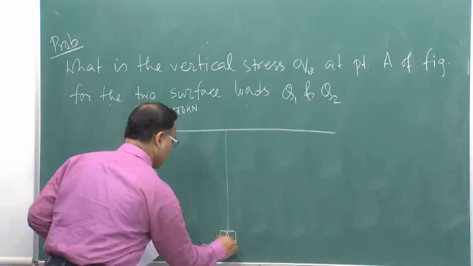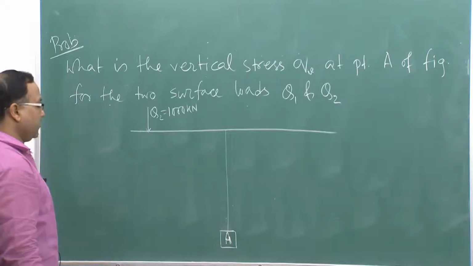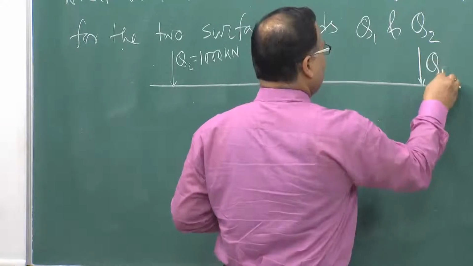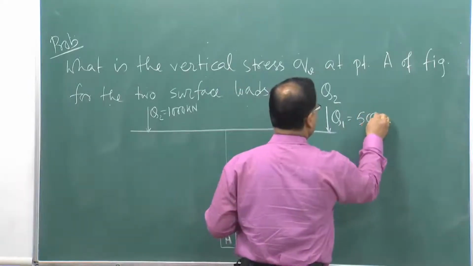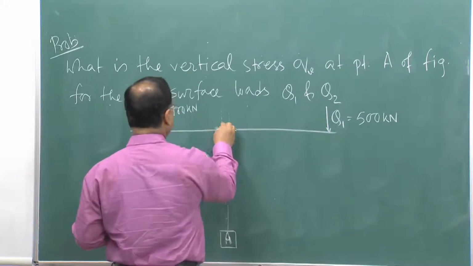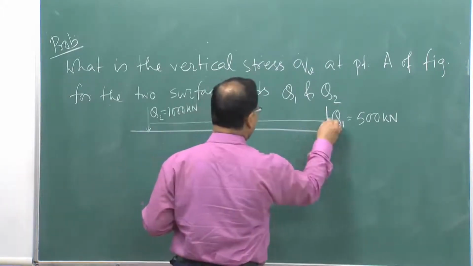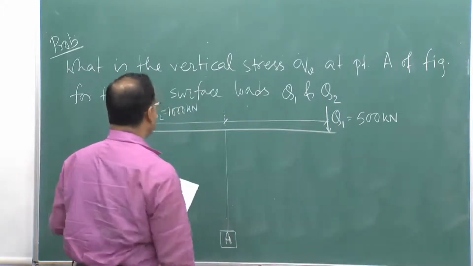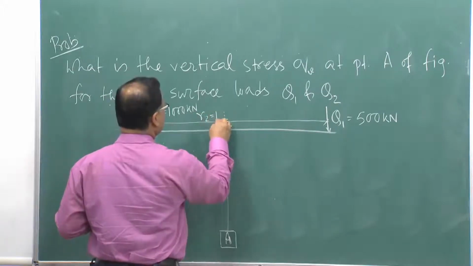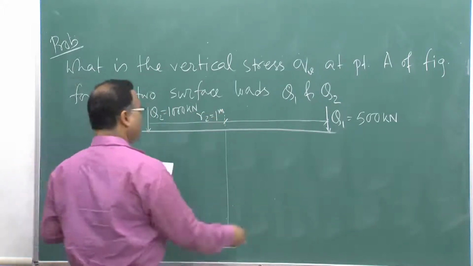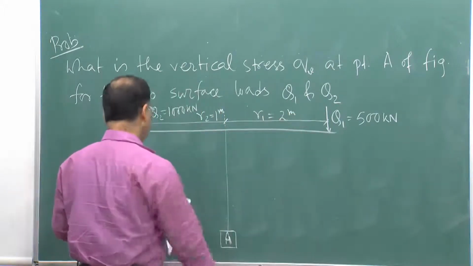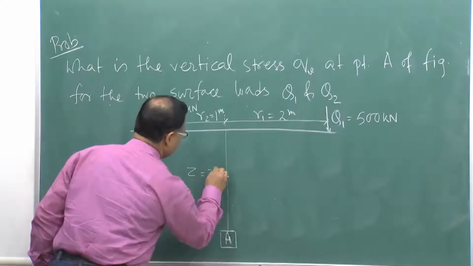Okay. At that location you have to find out the vertical stress, and you have another surface force, say Q1, which is equal to 500 kilonewton. The distance between Q2 and this vertical axis, R2, is equal to 1 meter, and R1 is equal to 2 meter, and Z is equal to 2 meter.